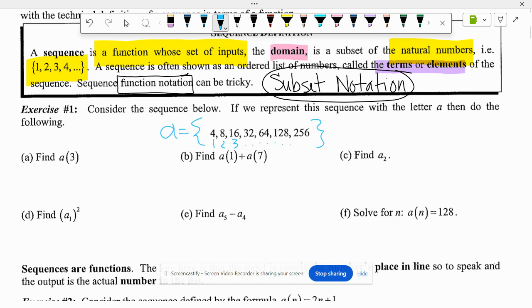Okay. So when it asks me to find A of 3, this is actually asking me to find the third term. What is the value of the third term? Yeah, A of 3 is 16. This is function notation.